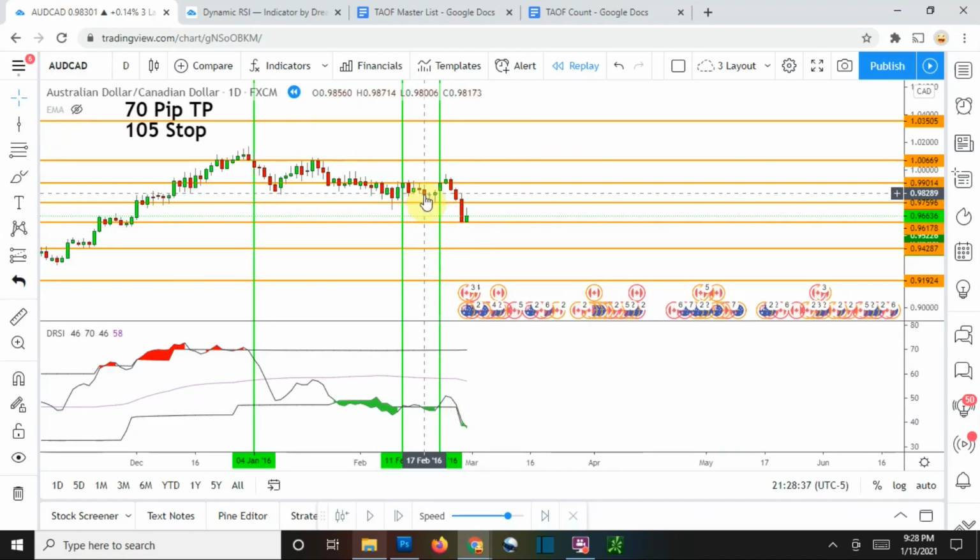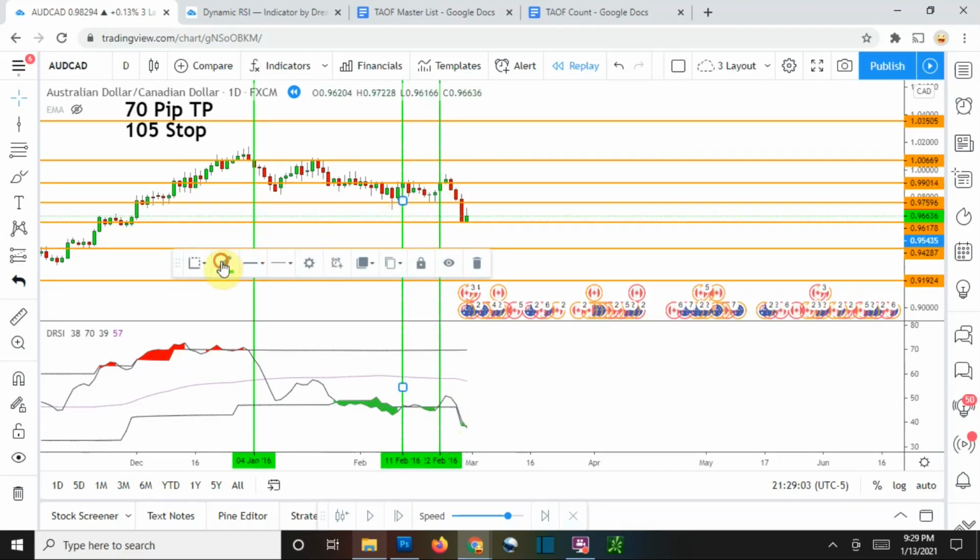And so if we hadn't got stopped out by that point and we had gotten stopped out over here, then this candle or this signal here would be invalid because we'd have still been in the trade and not stopped out at that point. And so that's something you need to be mindful of when you're back testing, is where exactly did you get stopped out, and then look for any signals after that.